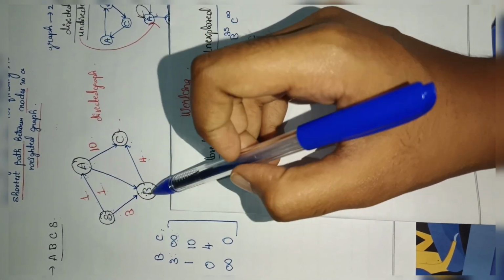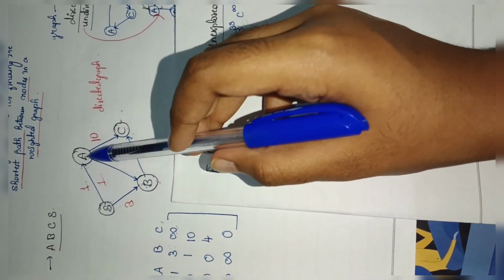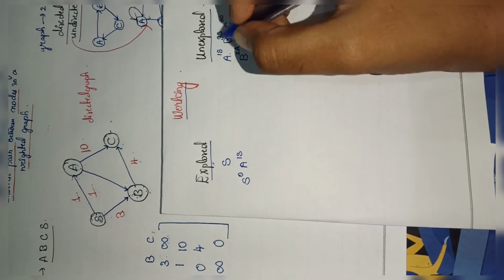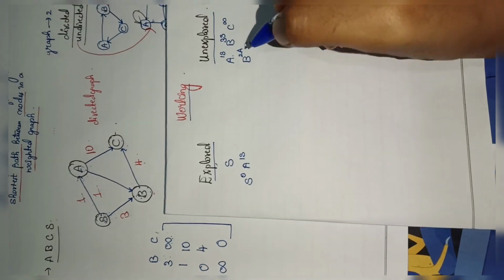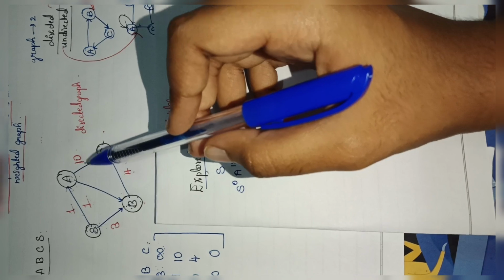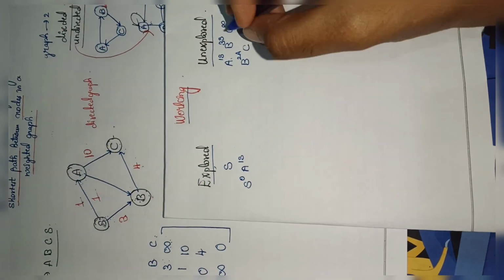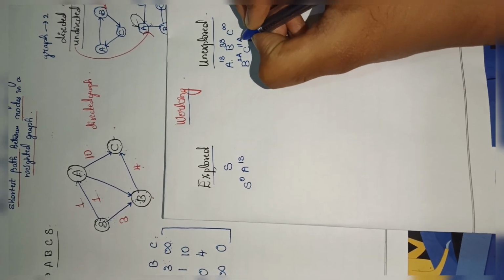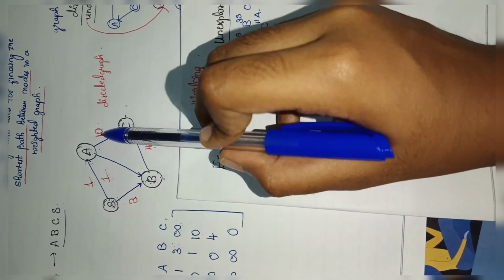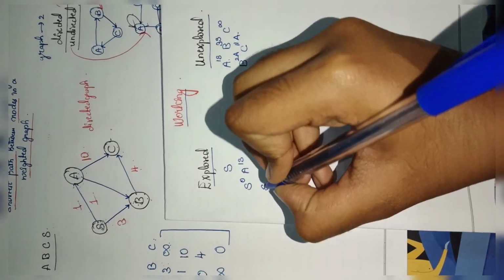From A to B, it's going to be 2A, because from S to A it's 1 and from A to B is 1. So it'll be 1 plus 1, it'll be 2. As we're going through A, it's going to be 2A. And after that we'll be exploring from A to C. From A to C, it's going to be 11A, because here it is 10 and from S to A is 1. So when we add these two, it becomes 11. So it is 11A.